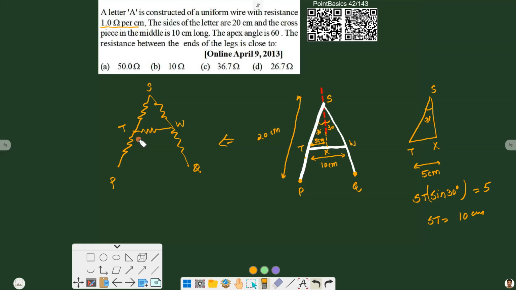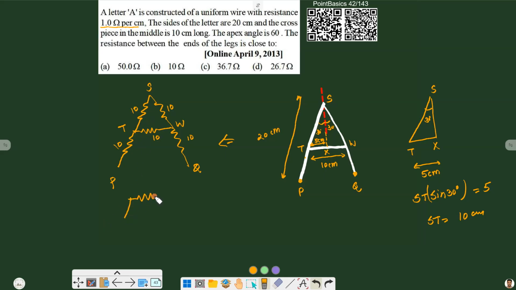So each part will have 10 ohm resistance. So this is 10, this is 10, this is 10, this is 10, and this is also 10. Now TS and SW are in series, so their series combination will give us 20 ohm resistance. So the circuit will reduce to something like this. This is 20 ohm, this is 10 ohm, this is 10 ohm, and this is 10 ohm.